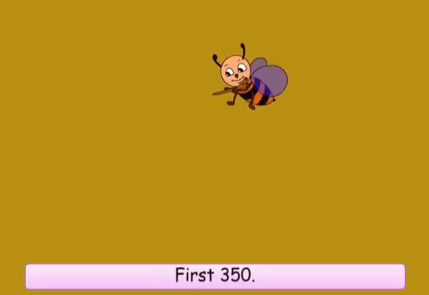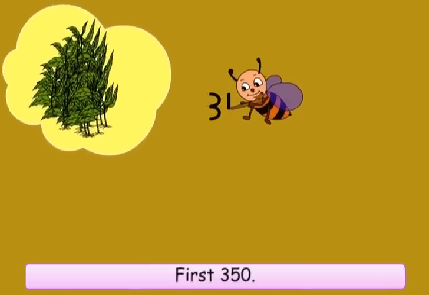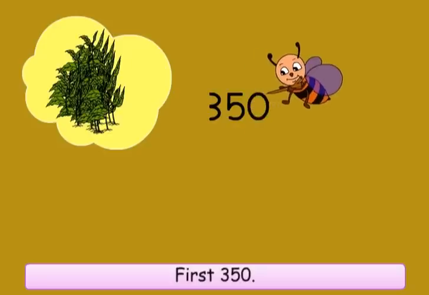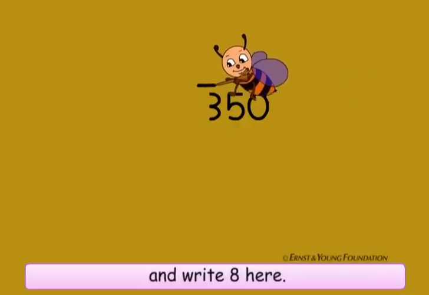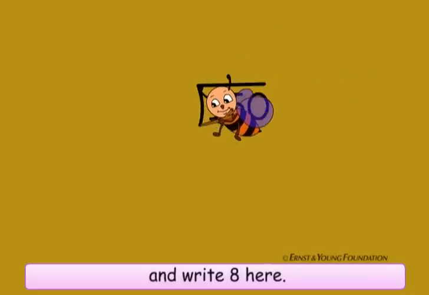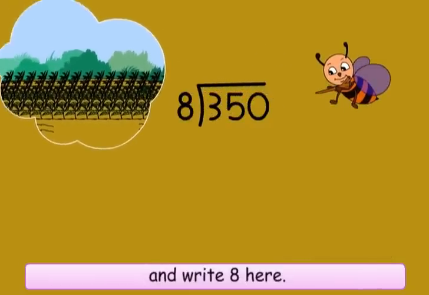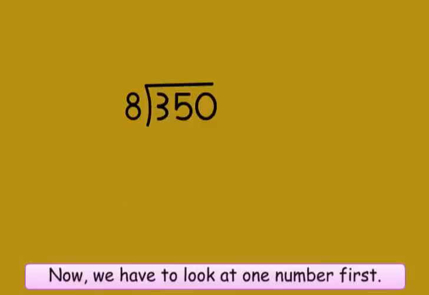First, 350. Then I will draw the lines and write 8 here. Now we have to look at one number first.